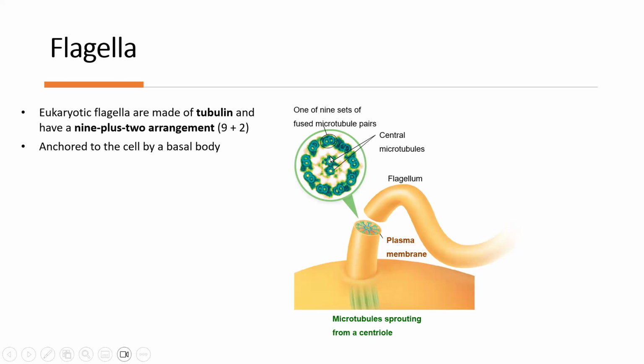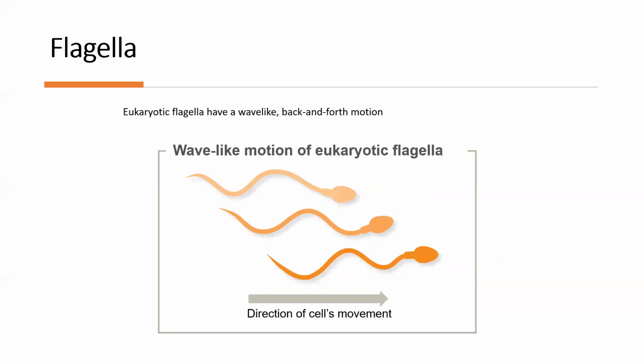That basal body they're anchored to on the inside is your centriole. They have this wave-like back and forth motion that allows them to swim. This is different from prokaryotes, which rotate like a propeller.